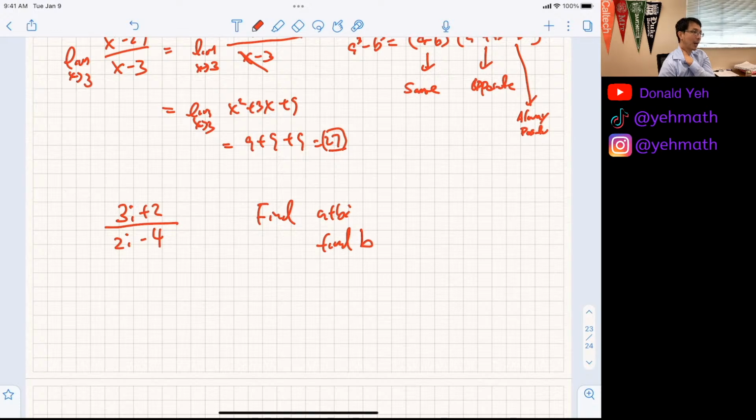What is a plus bi? In pre-calc, a plus bi is a complex number. But this one's not in a plus bi form. How do you get there? You need to rationalize this. Does anybody know how to rationalize this?